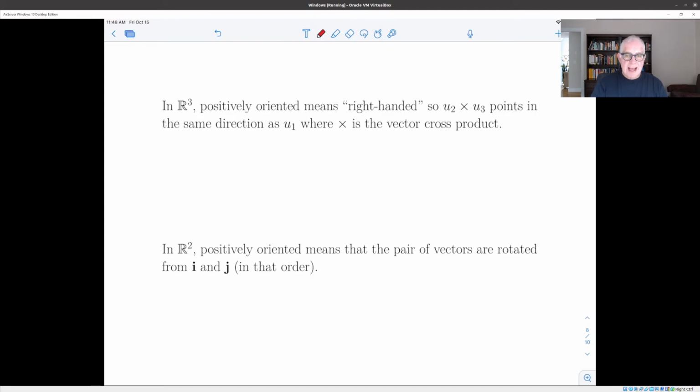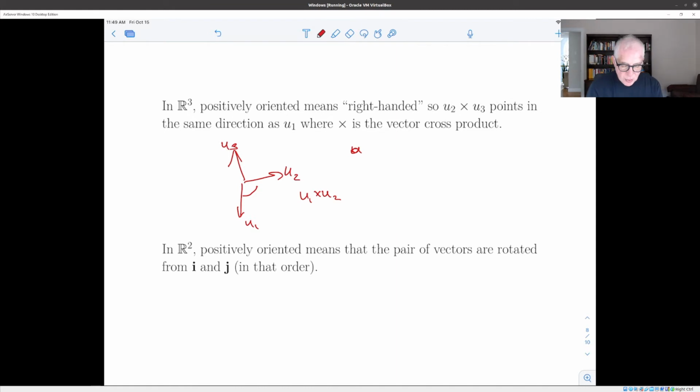The business with right-handedness is that if you have three vectors in R3 which are orthonormal, and you take the cross product of u1 and u2, first of all, the order matters. The vector that you get from the cross product is perpendicular to the other two vectors, but there's two possibilities, right?